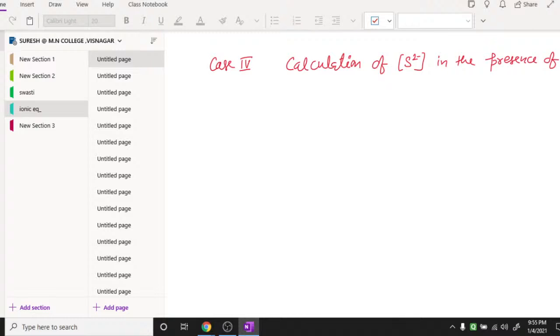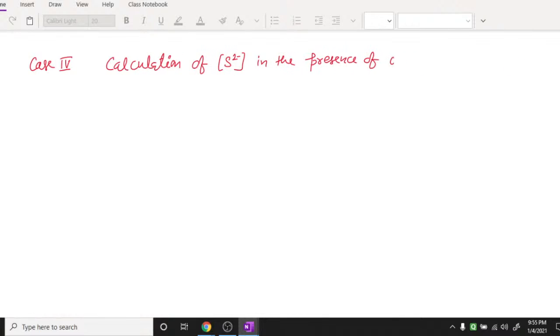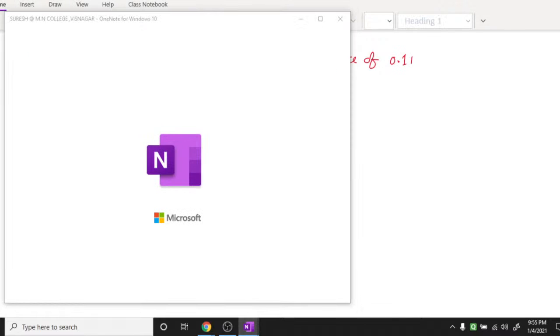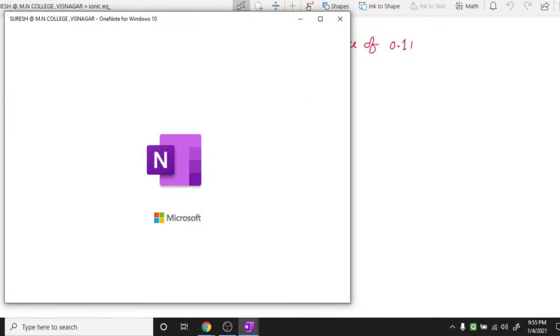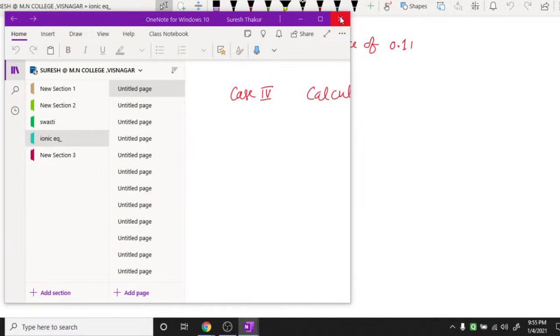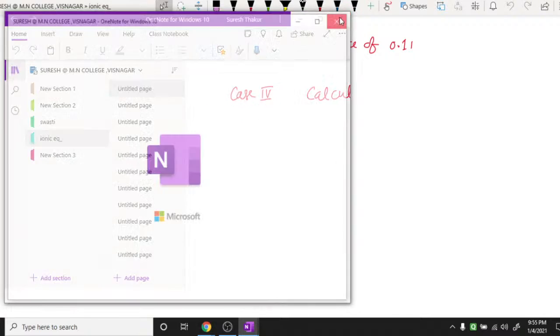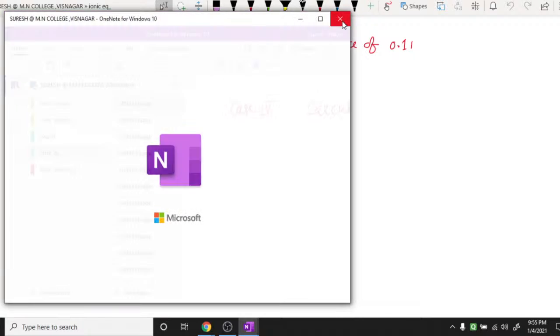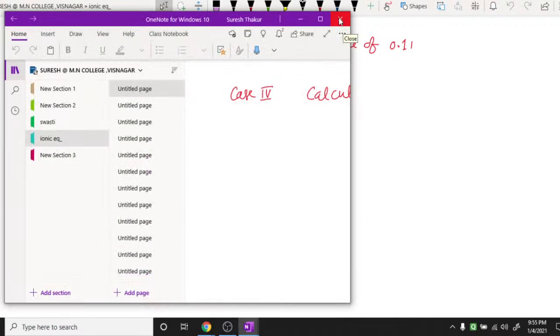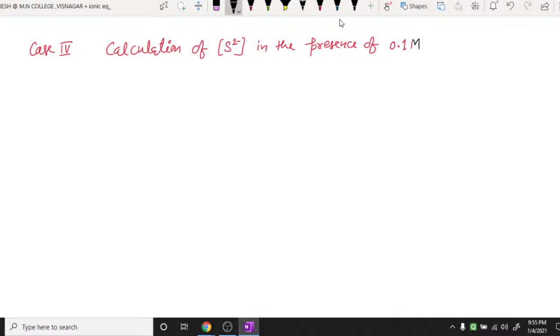This is the question of 5 marks. Okay. So calculation of S2 negative ion in the presence of 0.1 molar HCl. Okay.